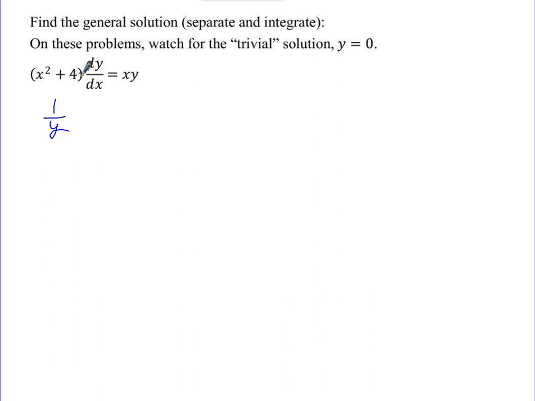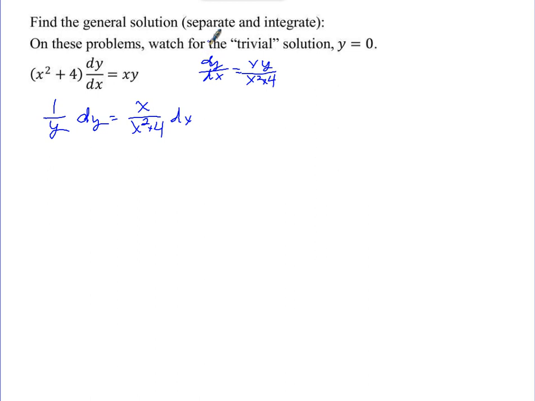Divide both sides by the x squared plus 4, so over here I have x over x squared plus 4. So that leaves me with the dy over here and the dx over here. Off to the side, let's say I just divided by this x squared plus 4. So this is just an aside.